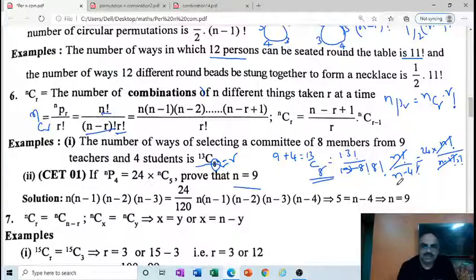Got it? So what is on the left? 1 by n minus 4. And what is on the right? 24 by 5 factorial. 5 factorial is actually 120.